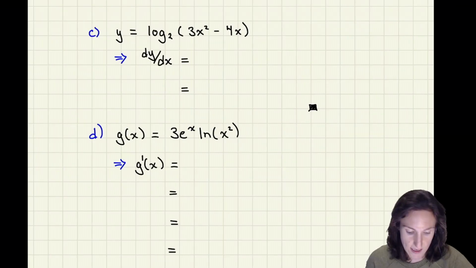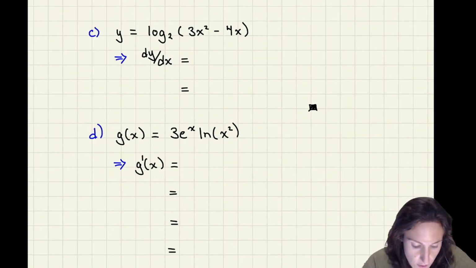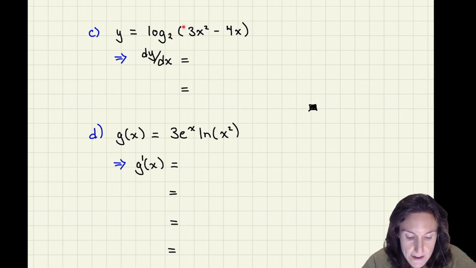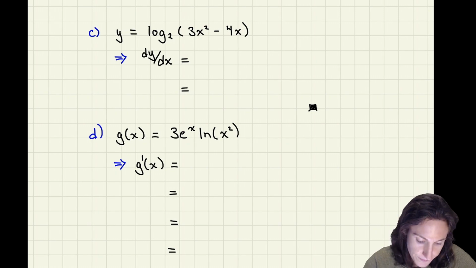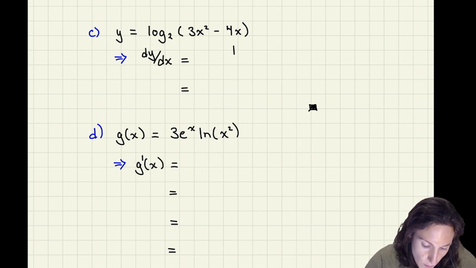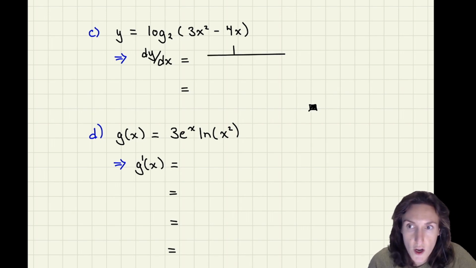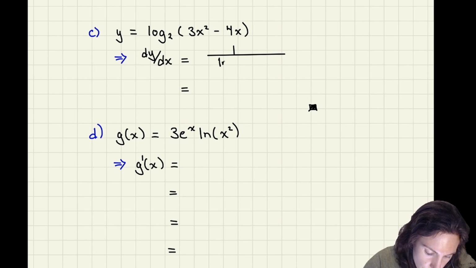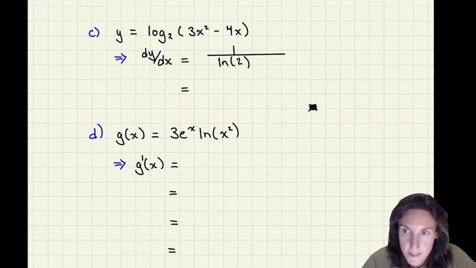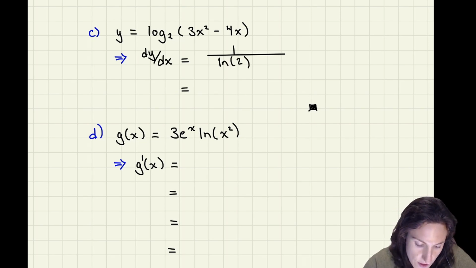Okay, this was the example I was talking about. Log base 2, but instead of just having an x here, we have some function. So the rule is, remember, we go 1 over ln of whatever our base is, so ln 2, and then write whatever is inside the actual logarithmic function, so this 3x squared minus 4x.